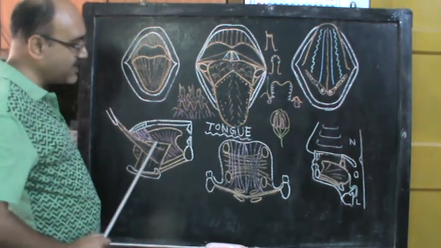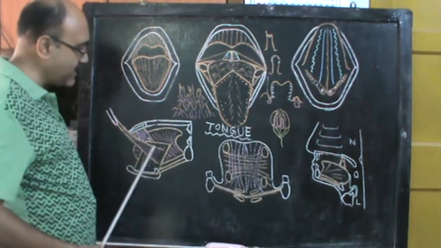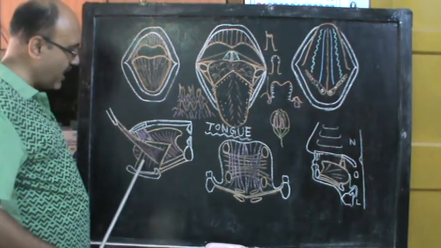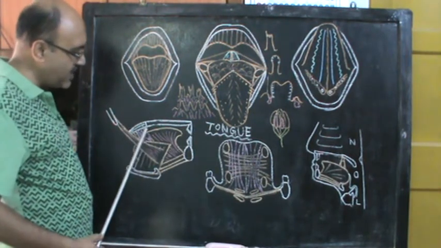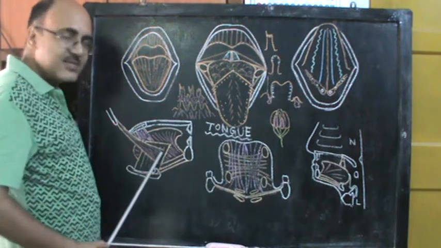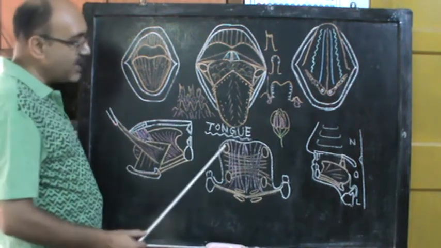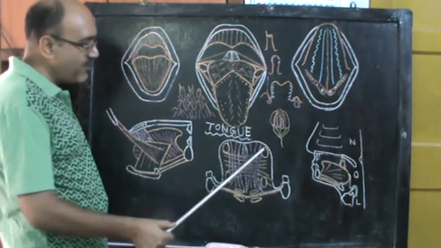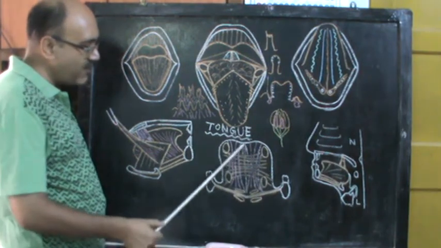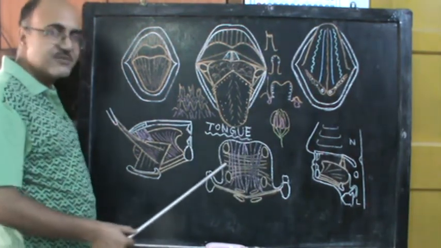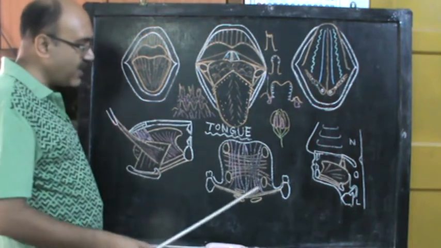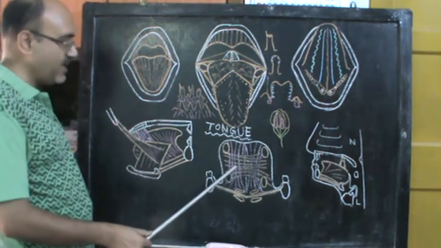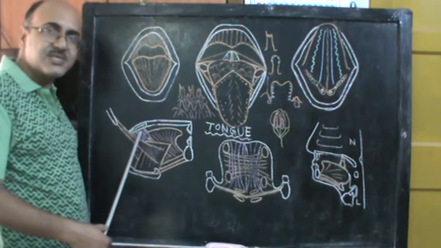So extrinsic muscles, intrinsic muscles. Extrinsic muscles: genioglossus, hyoglossus, styloglossus, palatoglossus, and some fibers of chondroglossus. Intrinsic muscles: superior longitudinal, inferior longitudinal, vertical and transverse. All muscles of the tongue are supplied by the hypoglossal nerve except palatoglossus.